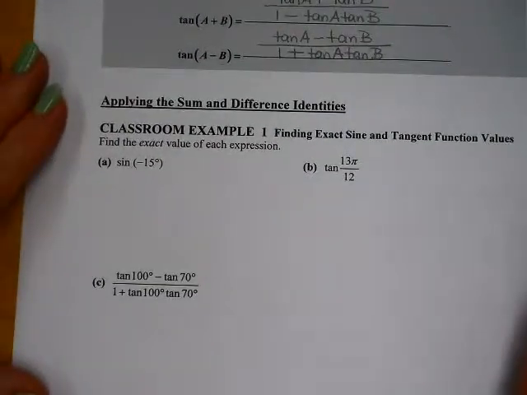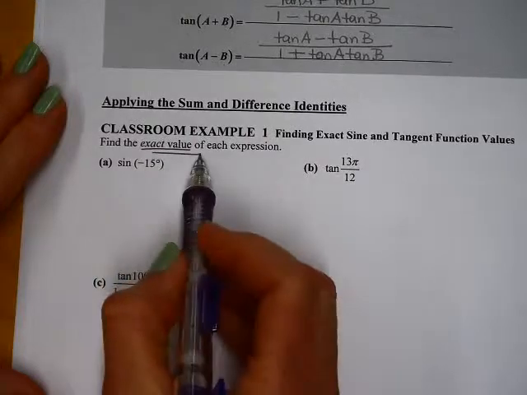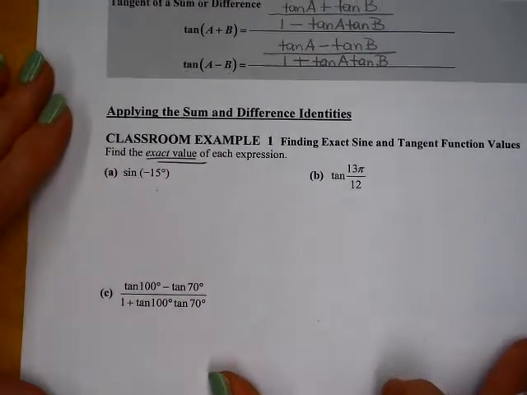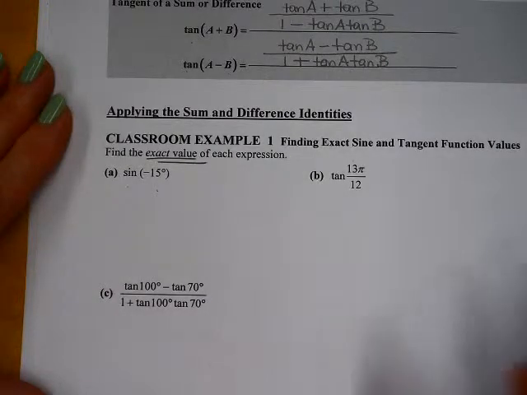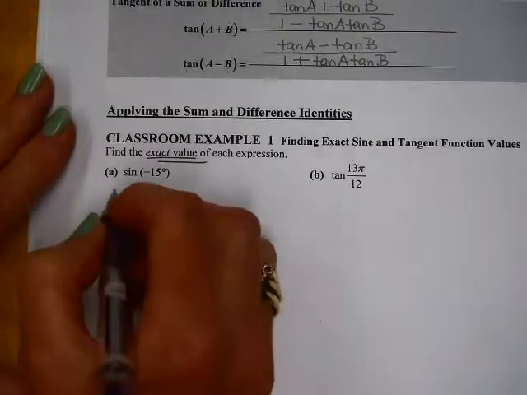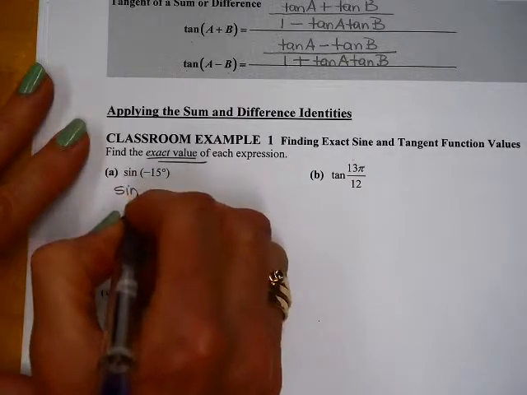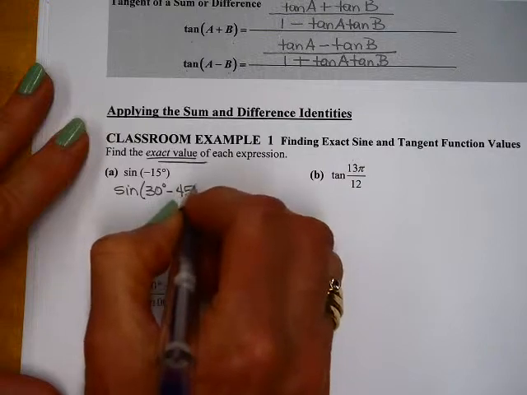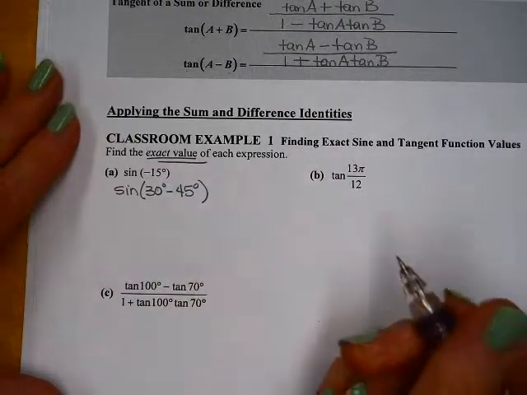All right, so exact same type problems. We're using exact value, and we want the sine of negative 15 degrees. Again, 15 and negative 15 are not on your exact value sheet, so find two angles that subtract. So 30 minus 45, and order matters again.